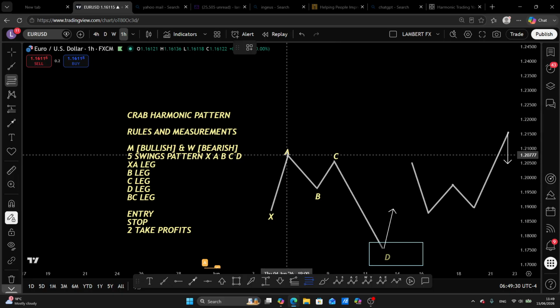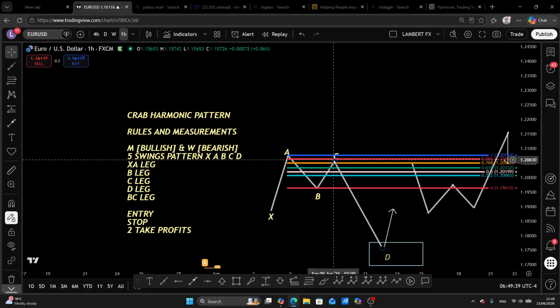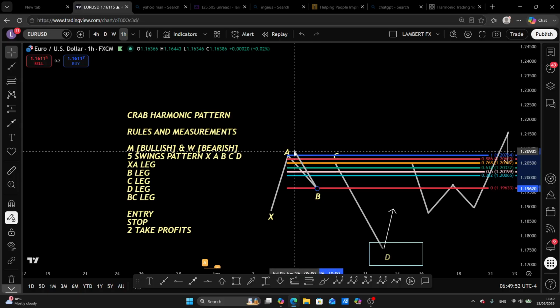You take your fib retracement again and plot from A to B. So this pullback here must touch 382, can touch all the fibs, but must not go above the A.